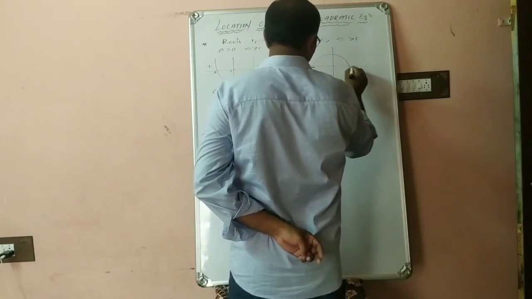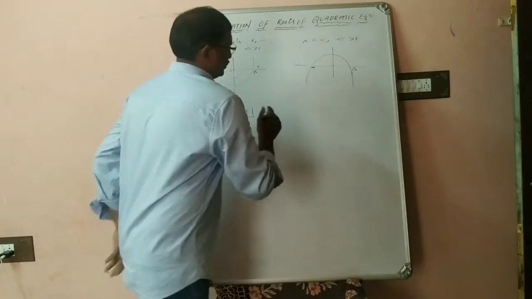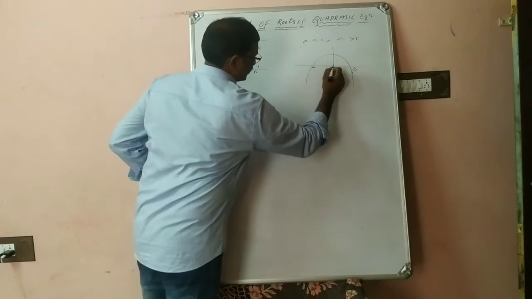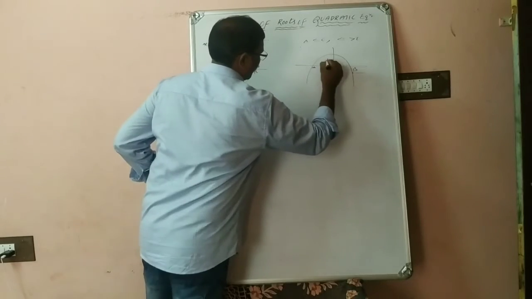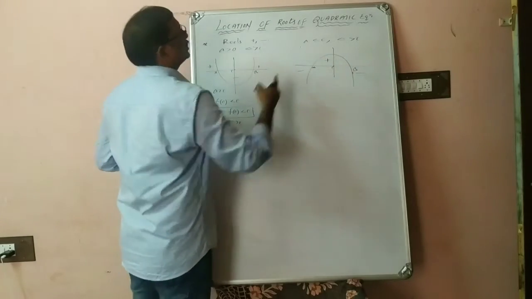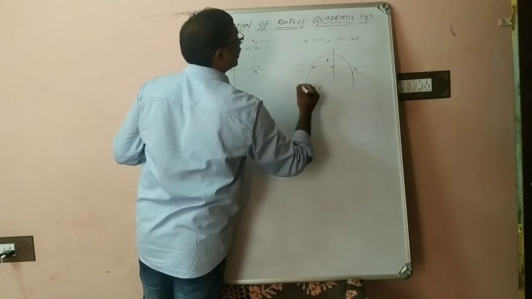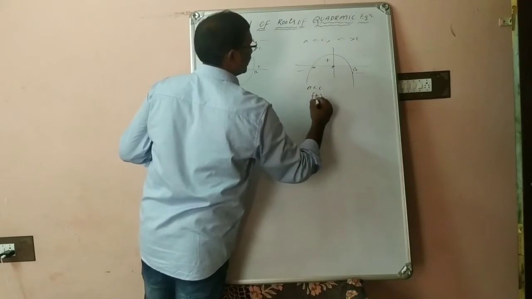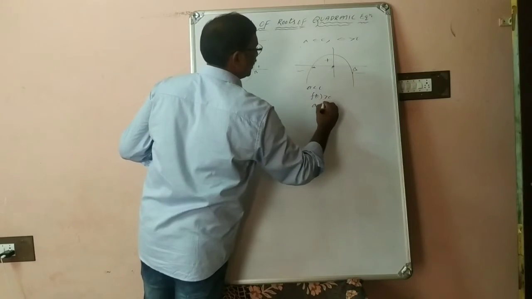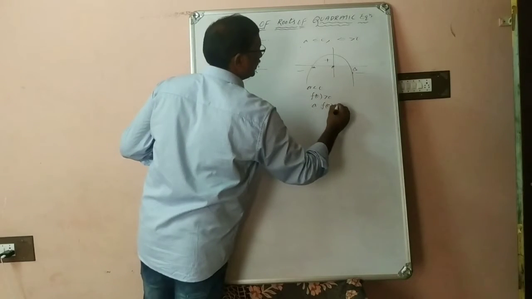This is negative and this is positive. This is origin. By using wavy curve method, negative, positive and negative. So A is negative. What about f of 0? Positive. So A into f of 0 is negative.